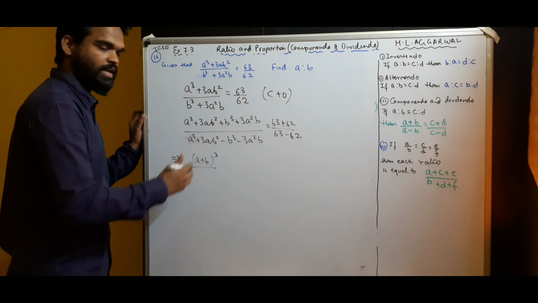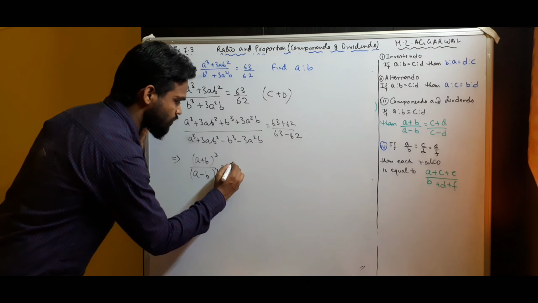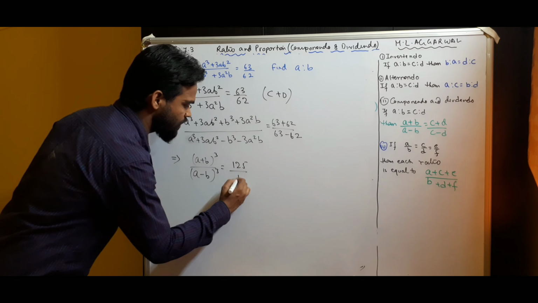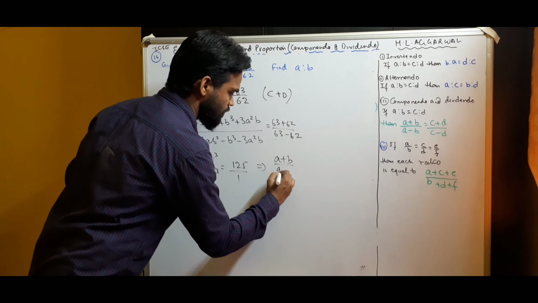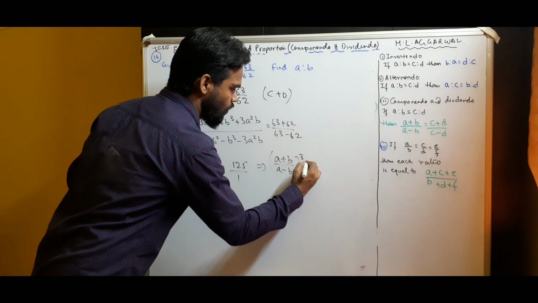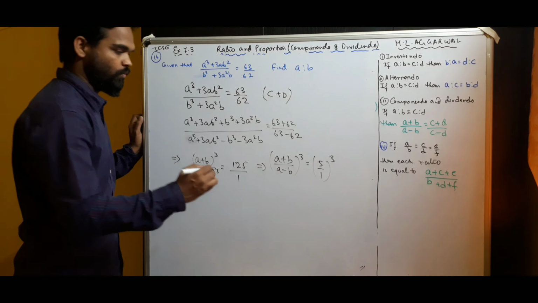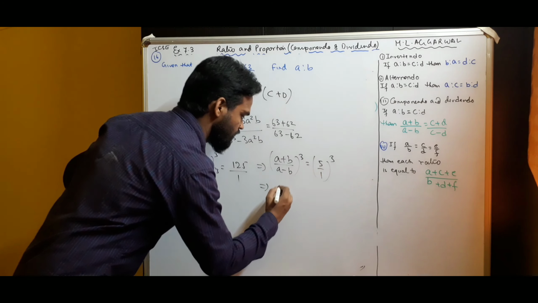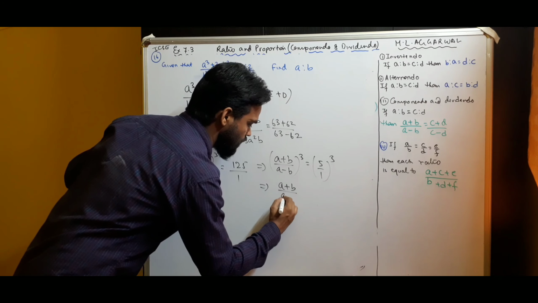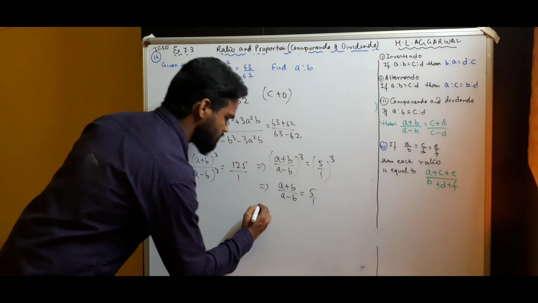And over here, if you look carefully, this is a minus b whole cube, which is equal to 125 by 1. So I can write (a plus b by a minus b) whole cube equals 5 by 1 cube. Which means, we have done exponents, if exponents are equal, the bases are also equal. Am I clear? Now simplify this.